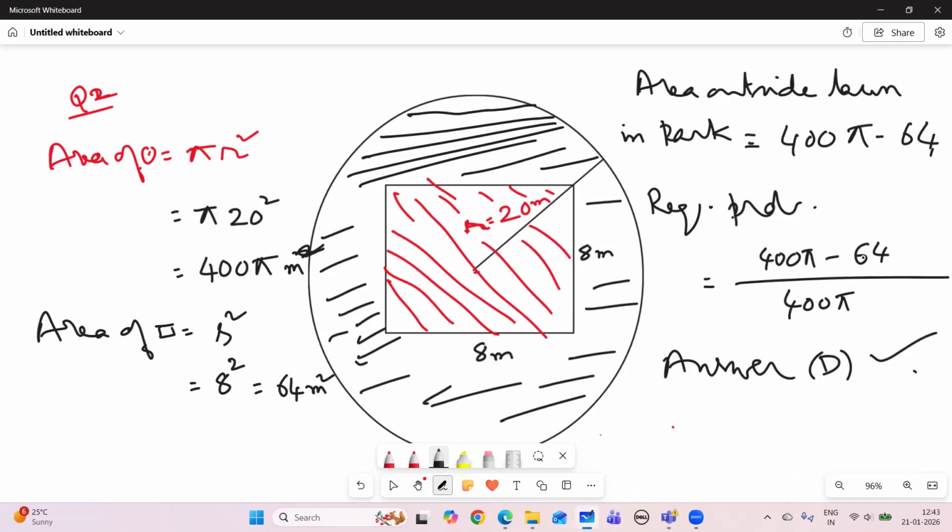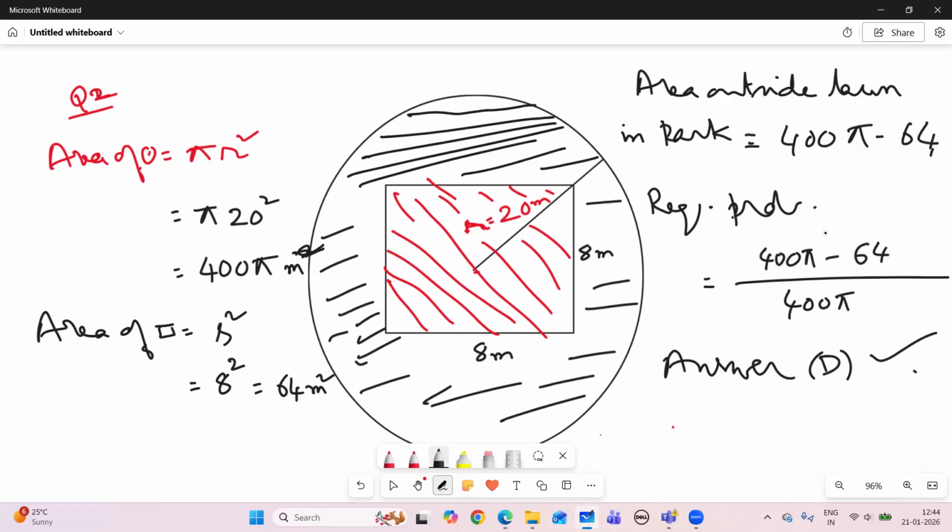And we are trying to find the probability that he grows the sapling in this black shaded region. So we have to find the ratio of the area of the region where he wants to grow the sapling, divided by the total area, that is the area of the circle, 400 pi.